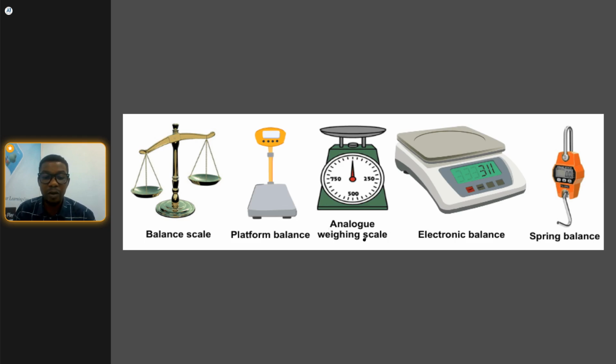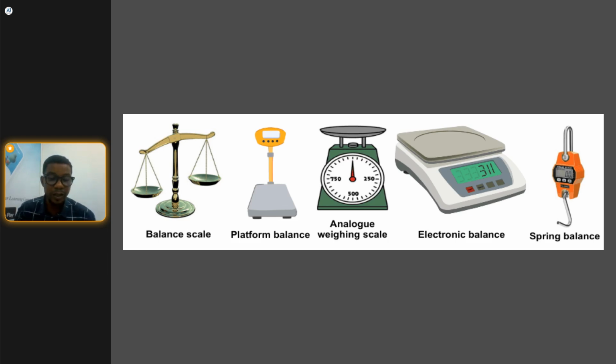We have the analog weighing balance. If you are used to buying grains like rice, it is also used for measuring the weight or the mass of it. We have the electronic balance. We have the spring balance.